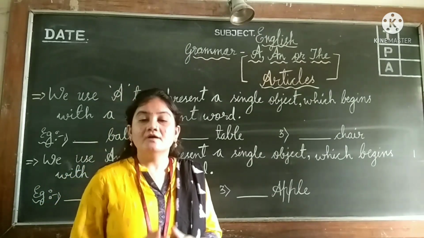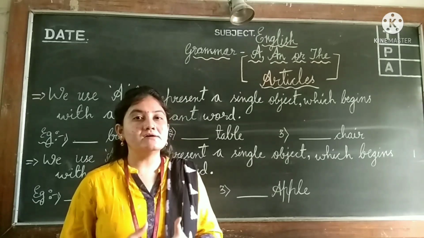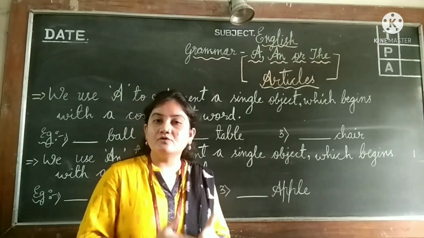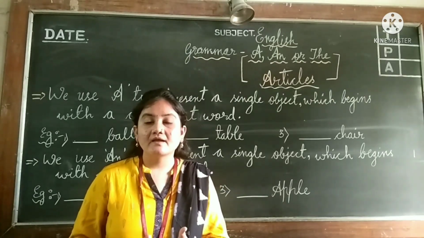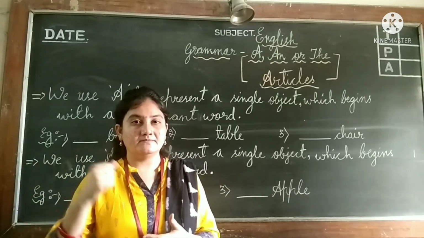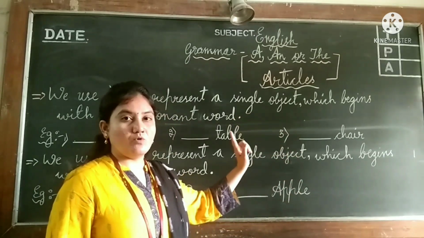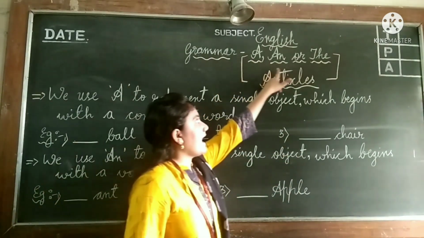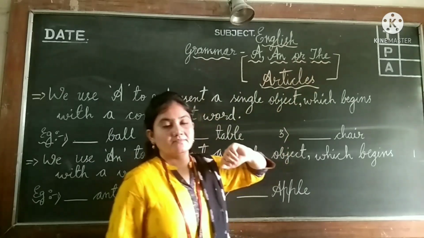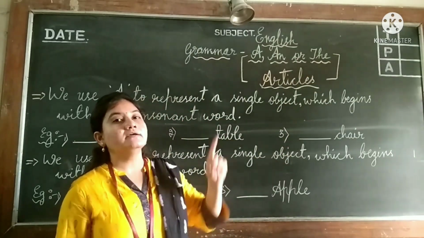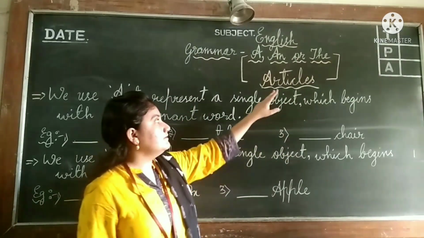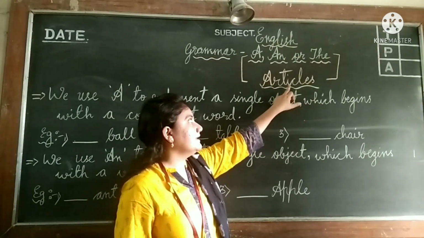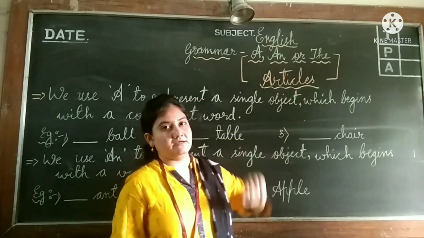Today we will learn where to use A, where to use an, and where to use the. Look towards the board. A, an, the are known as articles, A-R-T-I-C-L-E-S, articles.